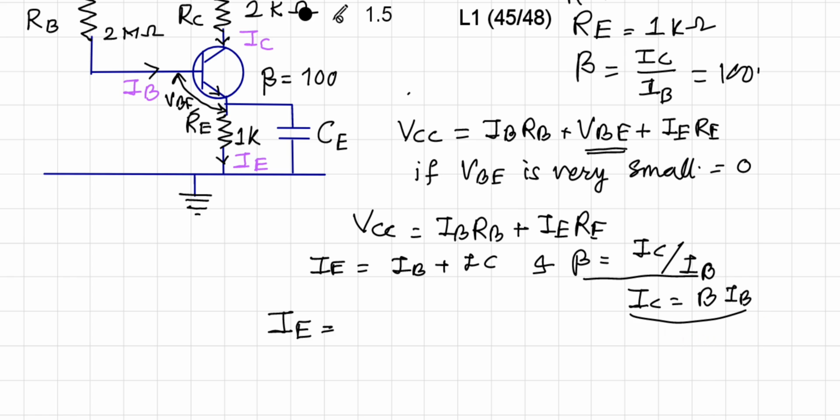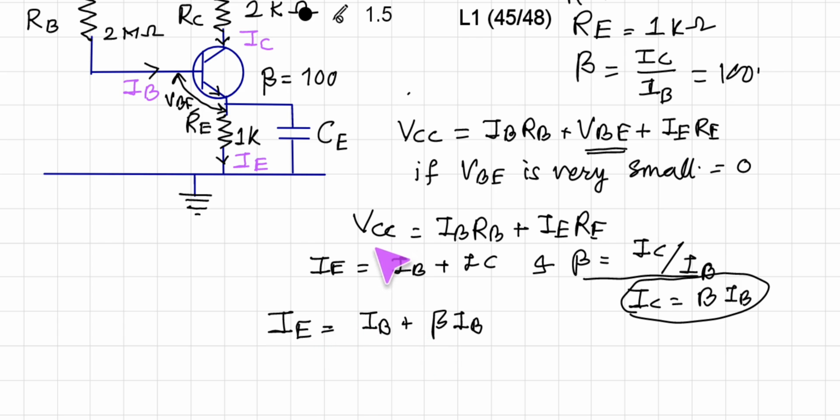So if we use this term here, we get IE is IB plus beta times IB. That means now instead of three different currents, we got the relation between two currents. This is the value of IE.